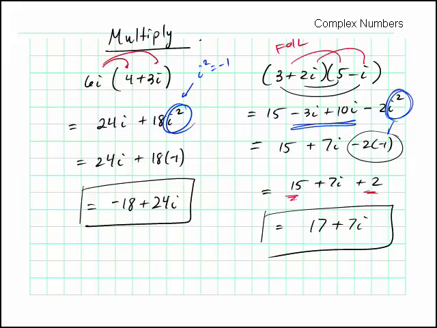Let's look at another one where we're multiplying here. 3 minus 2i times 3 plus 2i. Notice it looks like a difference of squares pattern, but I'm still just going to FOIL it out.